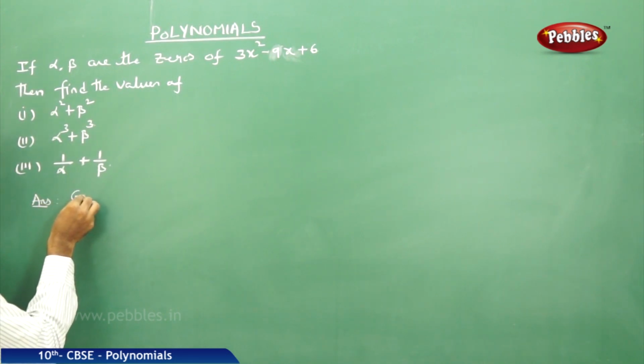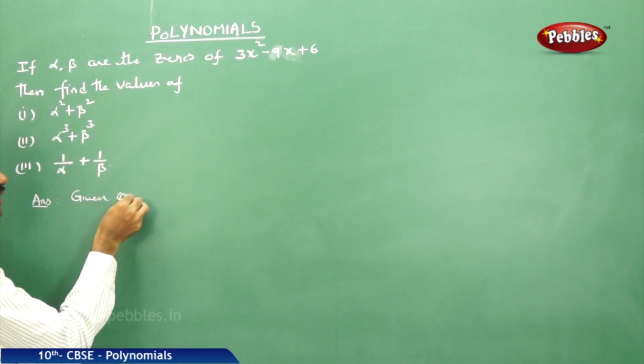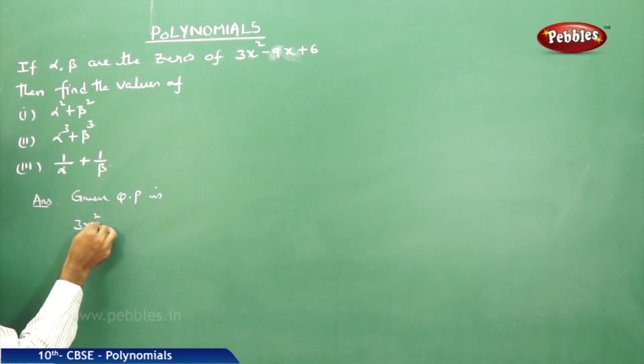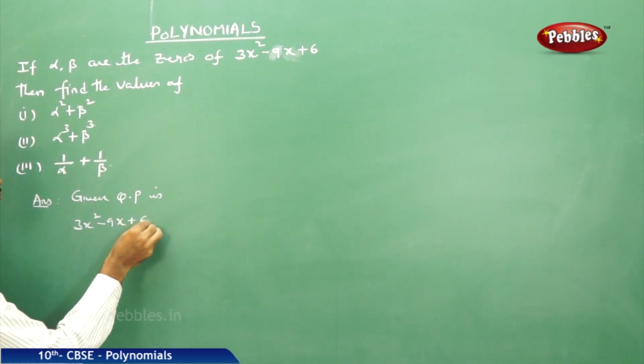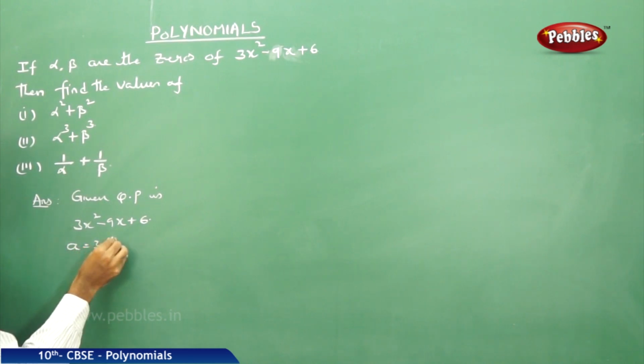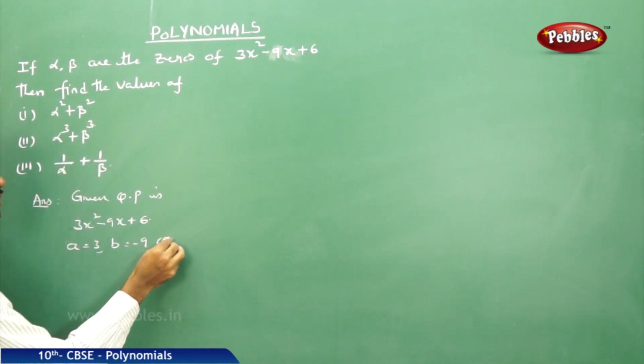First, the given quadratic polynomial is 3x square minus 9x plus 6. Now here a value is 3, b value is minus 9, c value is 6.